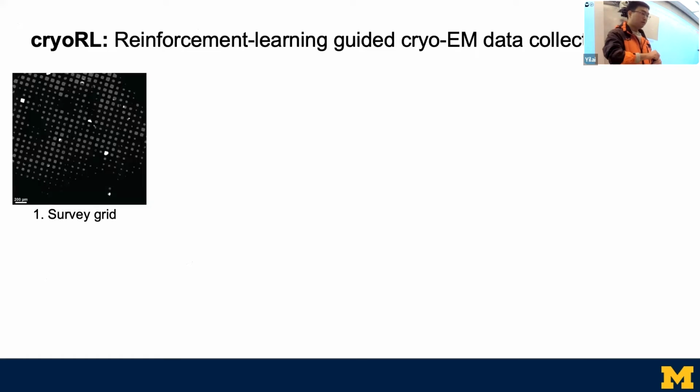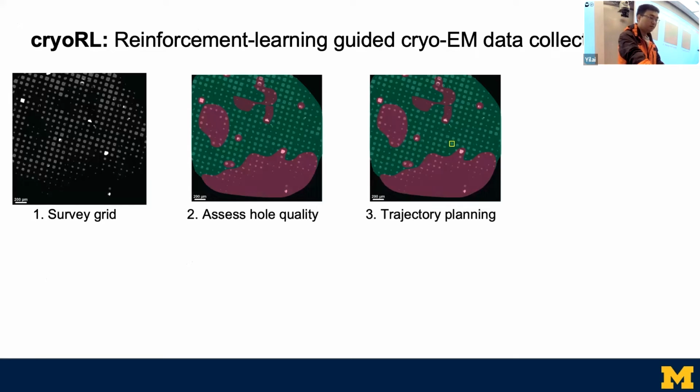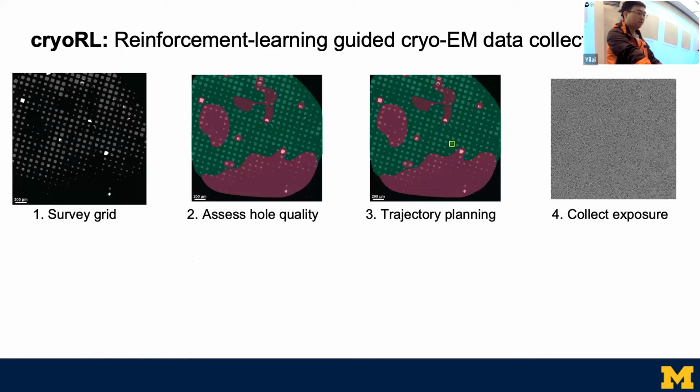So what we propose is reinforcement learning guided cryo-EM data collection. The first step will be we do a survey across the grid, and we assess the whole qualities and plug them back to the atlas image. And then we start trajectory planning based on reinforcement learning. From the trajectory, we collect exposures. And once you get that exposure, you know the ground truth of your data quality.